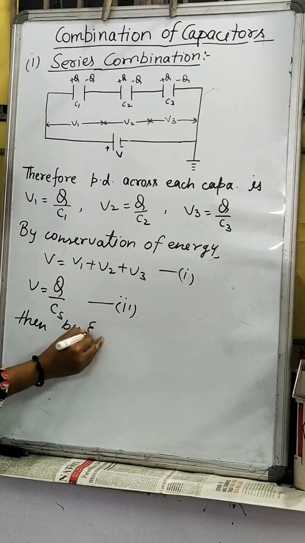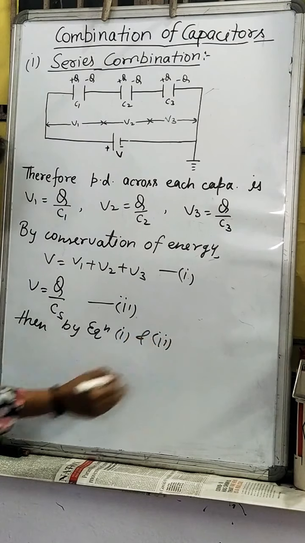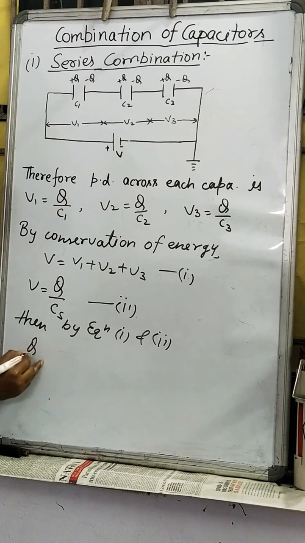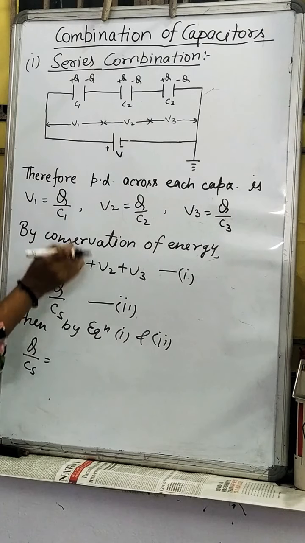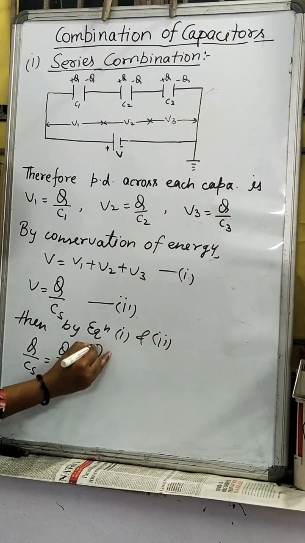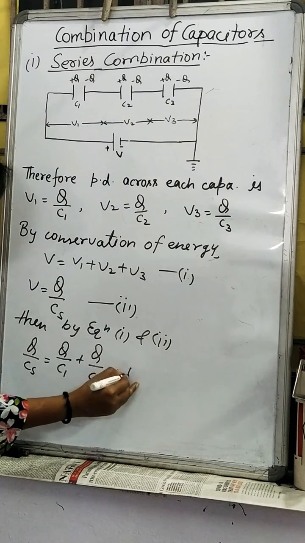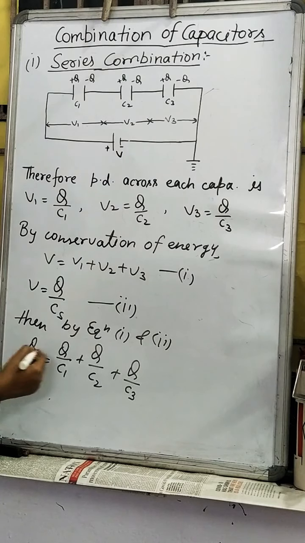By equation first and second, Q upon CS equal to V1, and V1 is Q upon C1, so Q upon C1 plus Q upon C2 plus Q upon C3. Taking Q common, the Q will be cancelled.